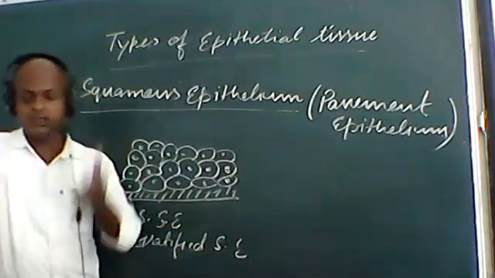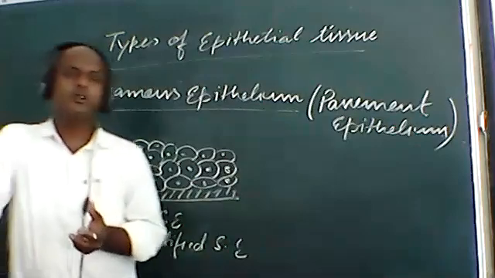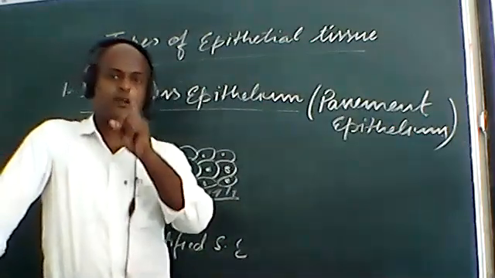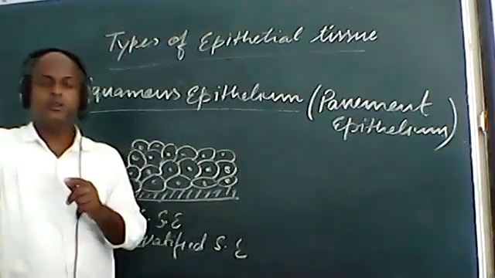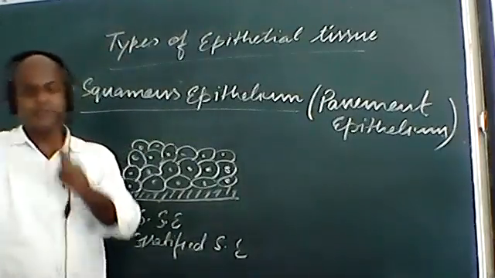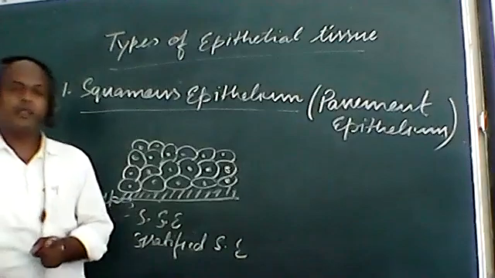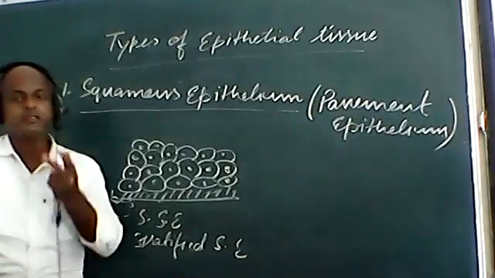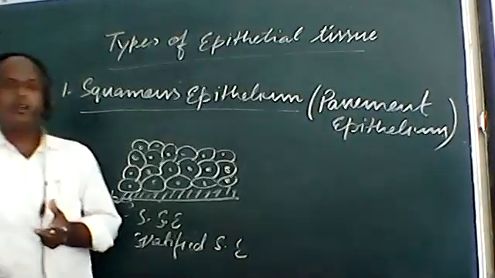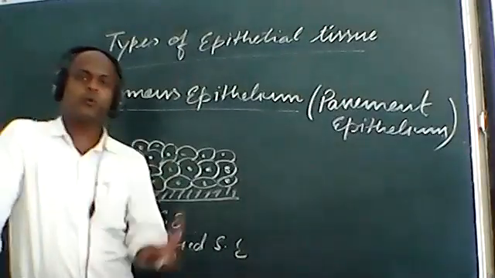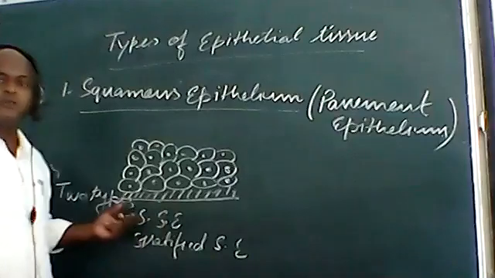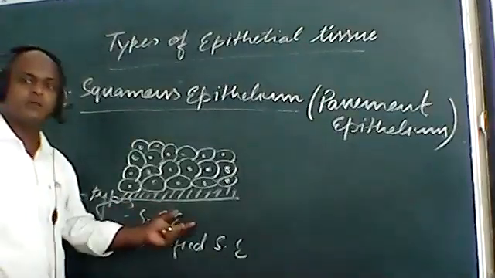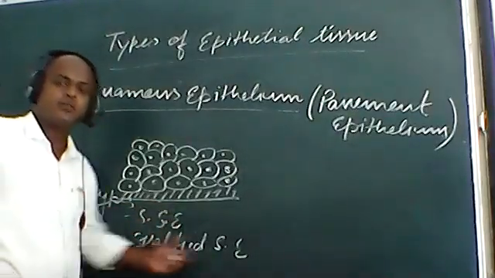Simple epithelial tissues are those tissues in which there is presence of a single layer. Simple squamous tissue has a single layer of flat cells, whereas stratified squamous cells are composed of more than one layer of cells.